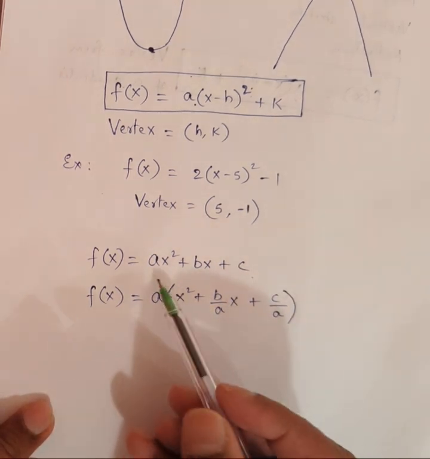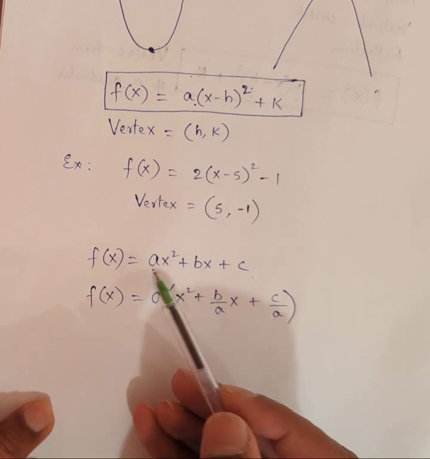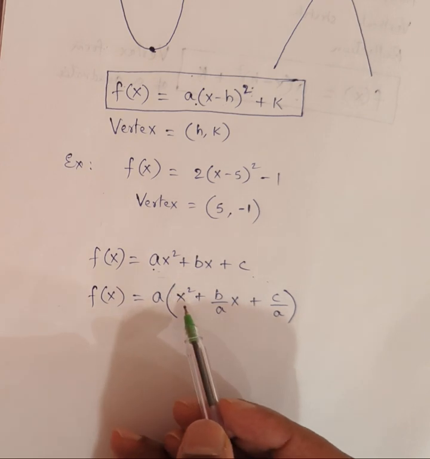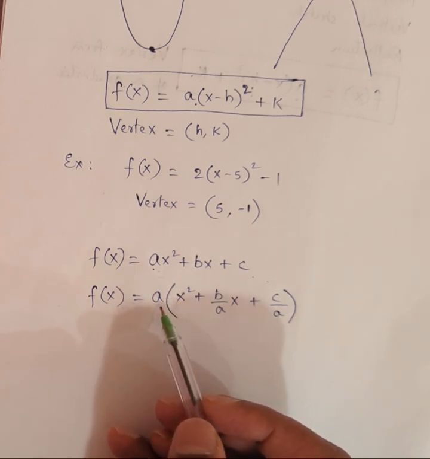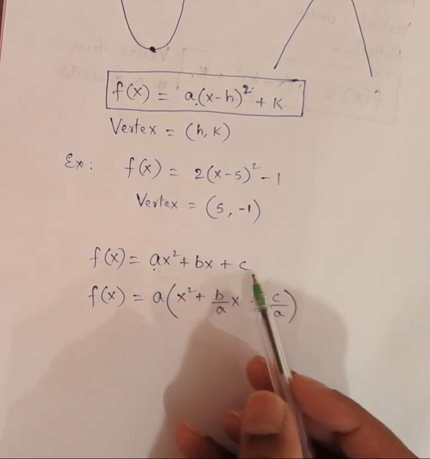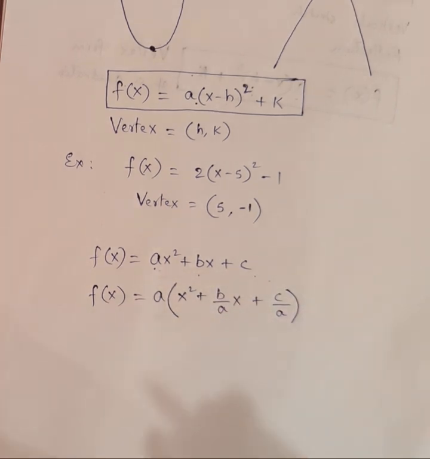Even though there may not be any common integer factor between a, b, and c, we still want to have just x squared by itself. So that's why we want to write a outside the parentheses. In that case, we have to divide both of the coefficients b and c also by a.